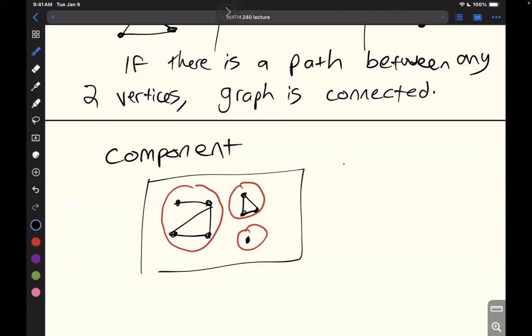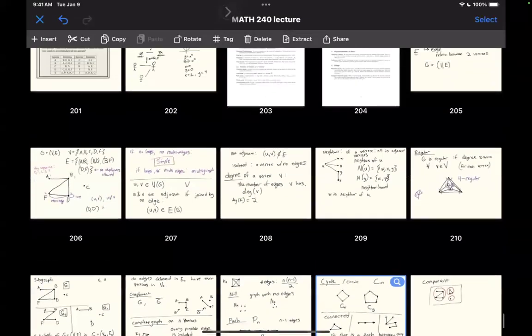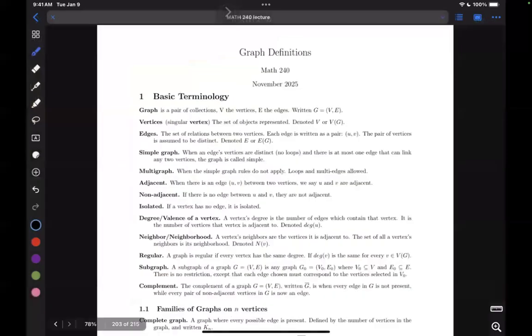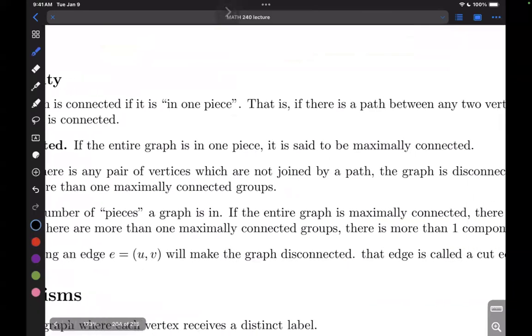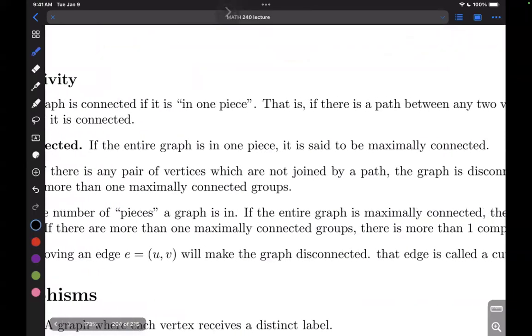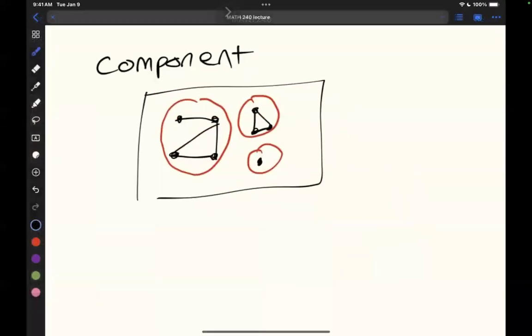The book says maximally connected. What did I say in my notes? If the entire graph is in one piece, it is said to be maximally connected. Sounds fine. Wouldn't worry about that one too much.